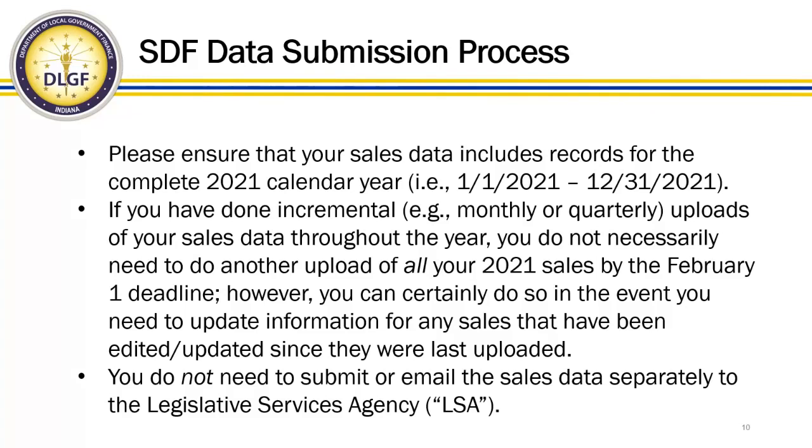So let's say that you uploaded sales back in April this year for the first quarter of 2021. If there have been any edits or changes to any of those records that you uploaded back in April, you can do another upload of those records to the Gateway sales site, and that will essentially just update the values for the records that you previously provided.